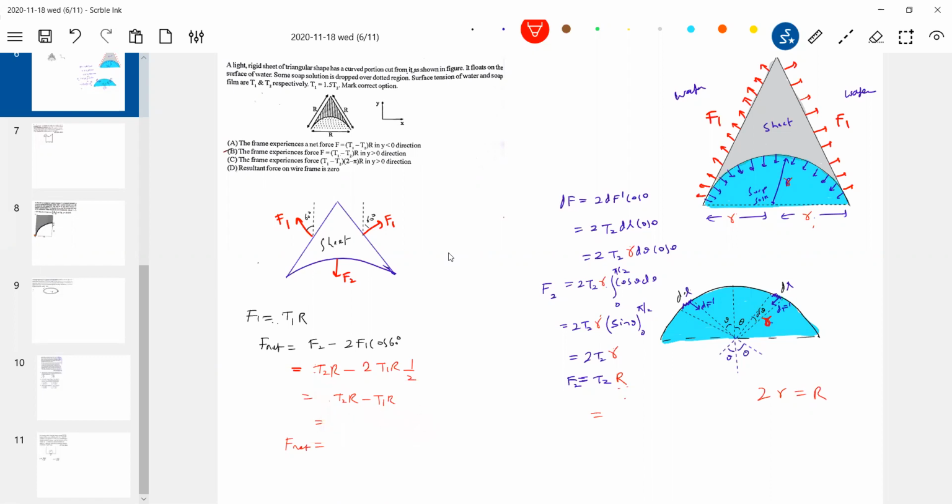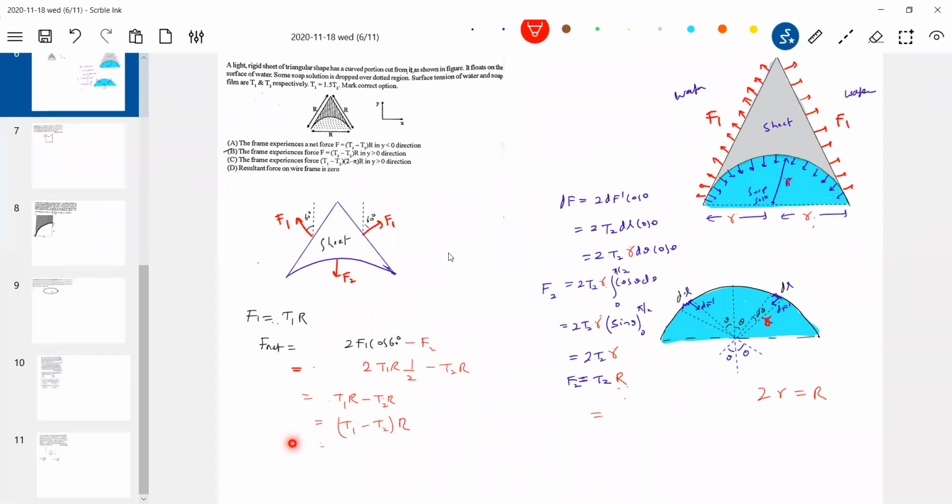Which will be greater? T1 will be greater. I think I should take the result. F2 minus, will arrange like this. Okay, this will be the net force.